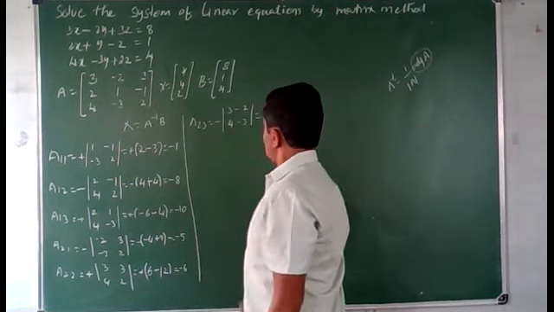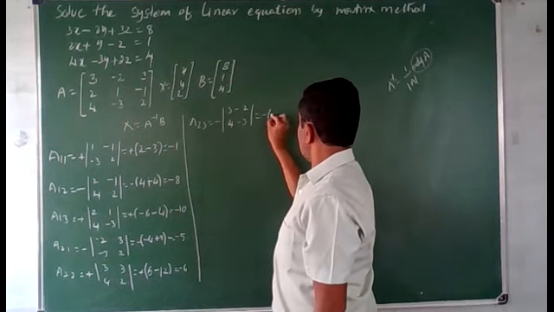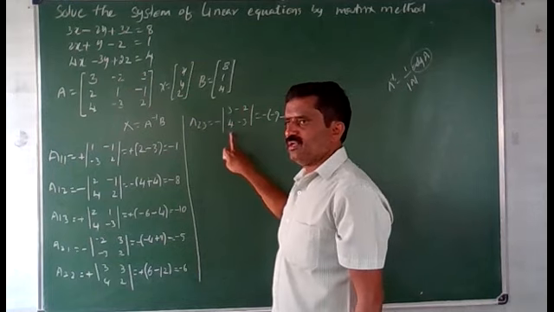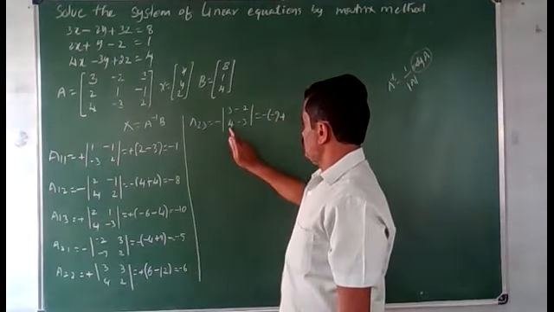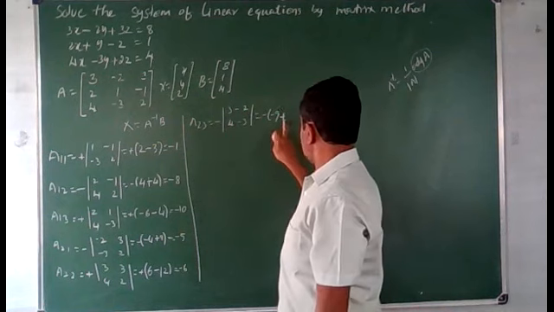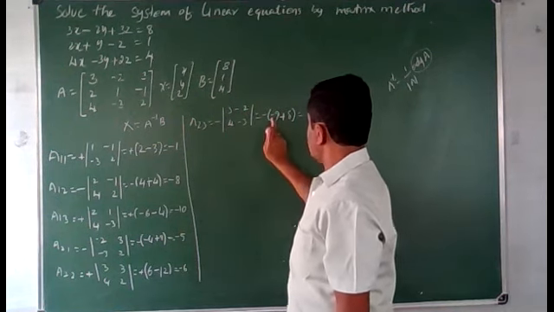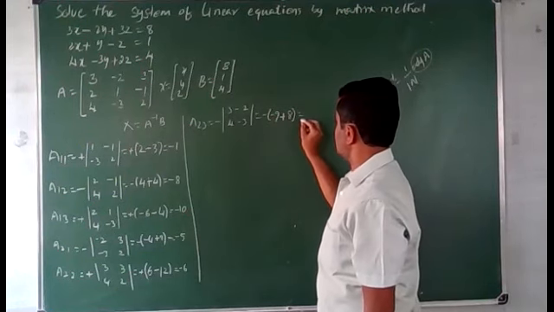Again that is equal to minus of: 3 into minus 3 is minus 9, minus 4 into minus 2, that is plus 8. So minus 9 plus 8 you will get minus 1, minus 1 into minus is plus 1.